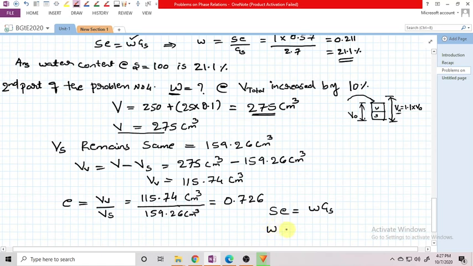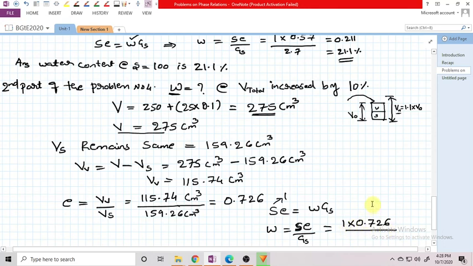S will be 1 only, it is still 100%. So w equals S e by Gs, where S is 100%, e is 0.726, divided by specific gravity 2.7.